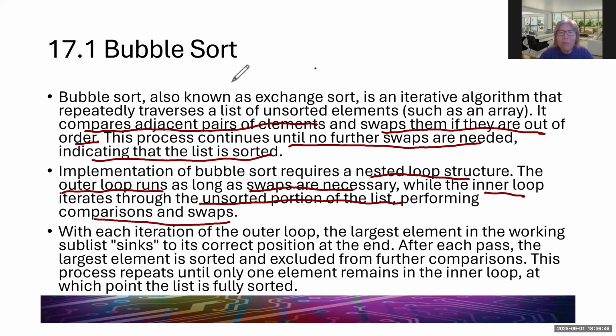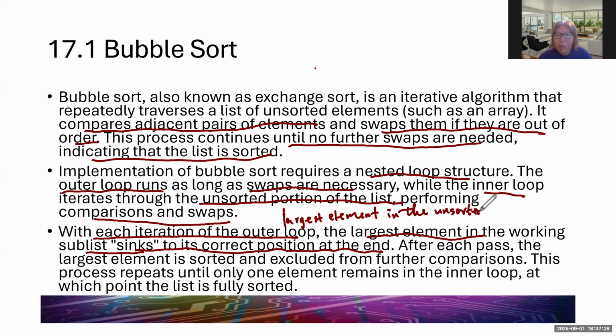And why do we name it bubble sort? The idea is that within each iteration of the outer loop, the largest element in the working sublist, the unsorted sublist, will sink to the correct position.